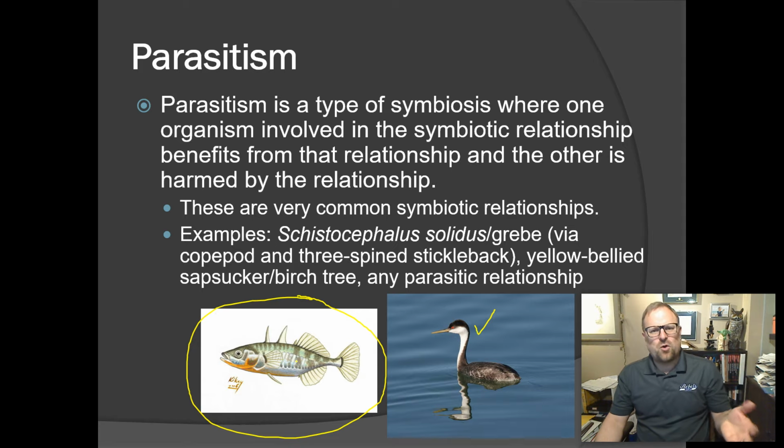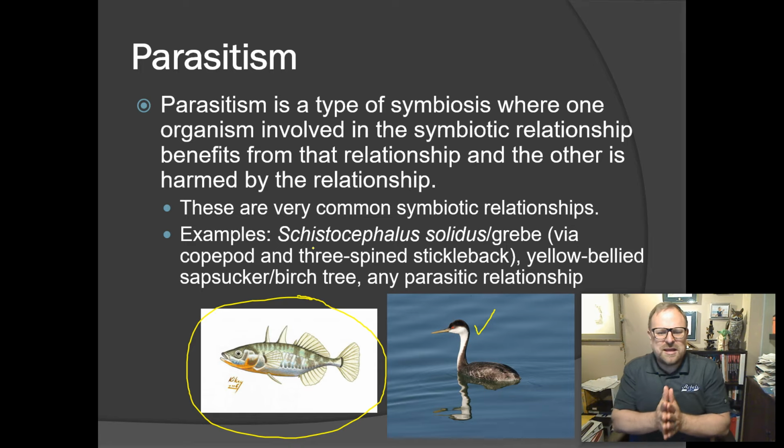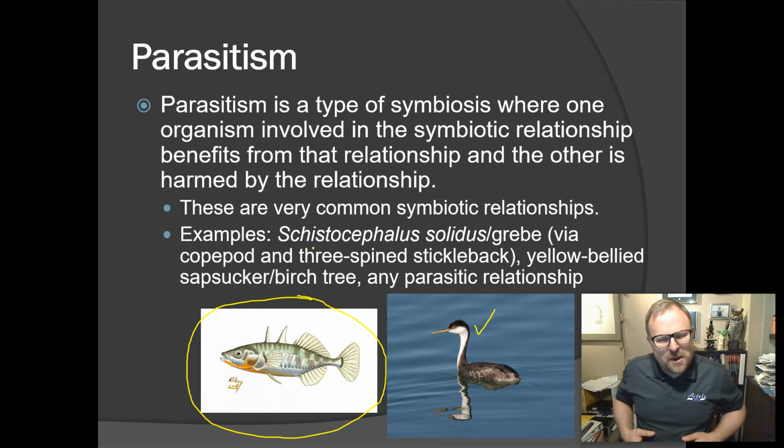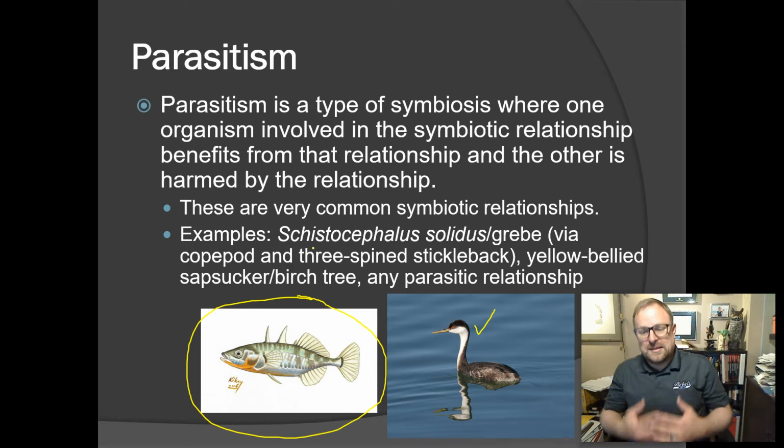Inside the stickleback was a larval form of the Schistocephalus tapeworm. So the western grebe eats the stickleback, and the tapeworm in its larval form gets into the grebe's digestive system and eventually develops into the adult form, and in the adult form lays eggs.